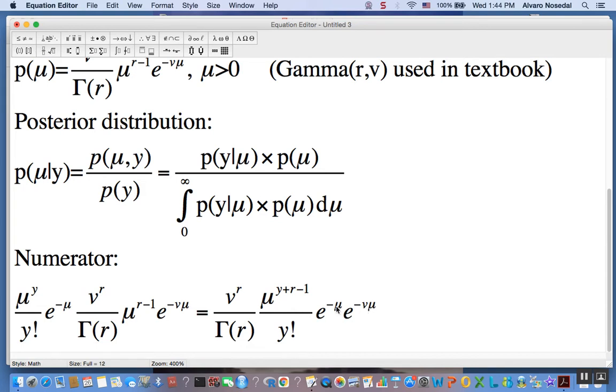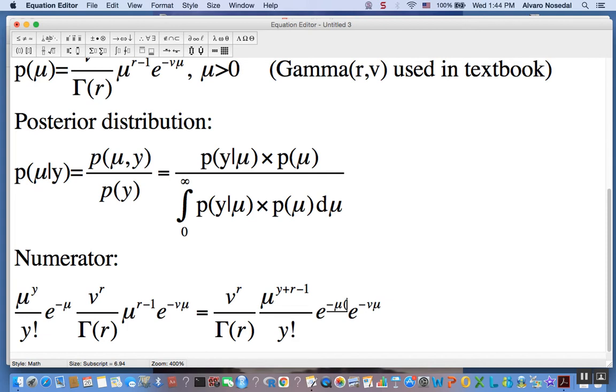And then we could factor out that negative mu, right? And then we could have something like this. We want to have it here in the exponent.